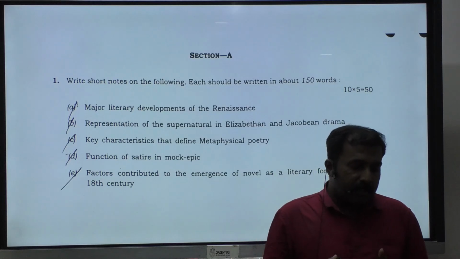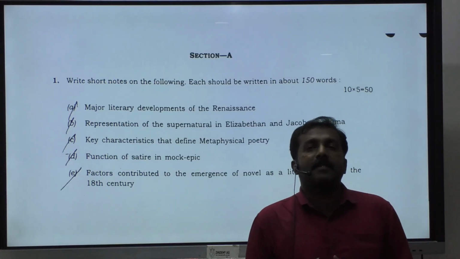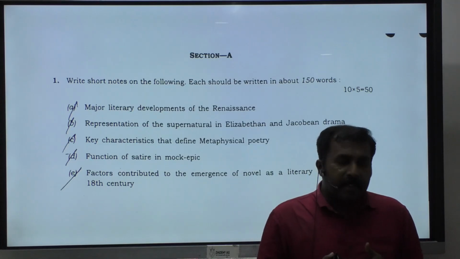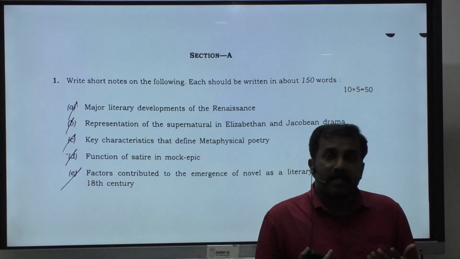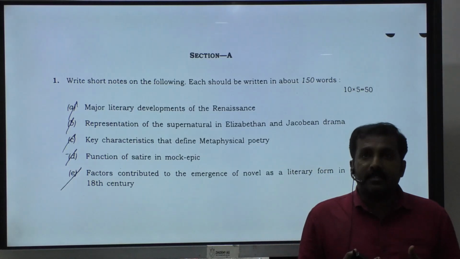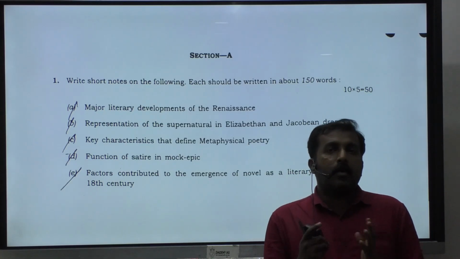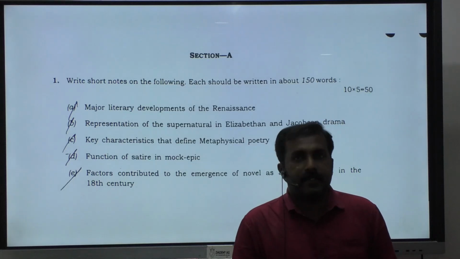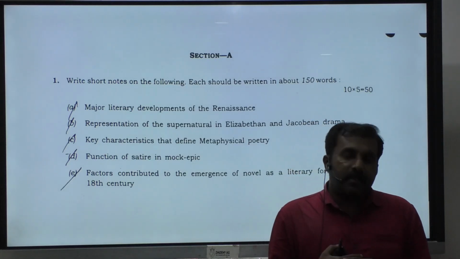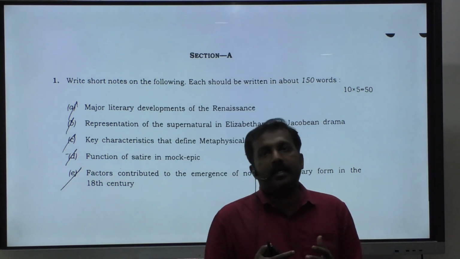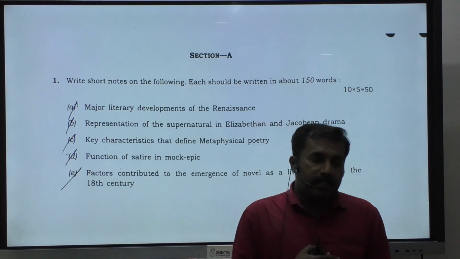We have to mention examples like Thomas More's Utopia, then Erasmus's literary influence. And what other core concept we have to add in this answer? That is the intellectual depth in English literature and English writing we can see in this period.